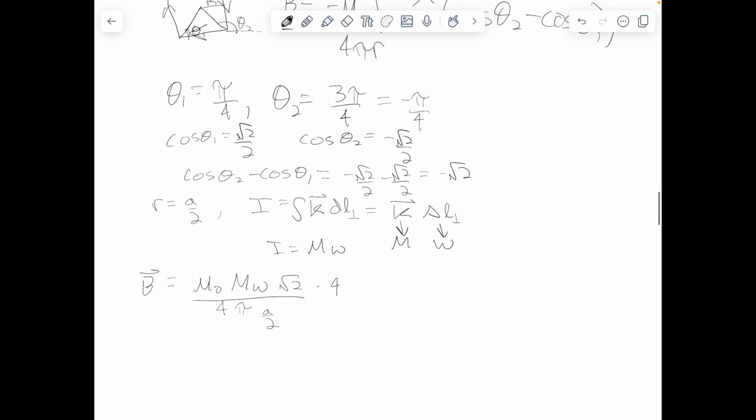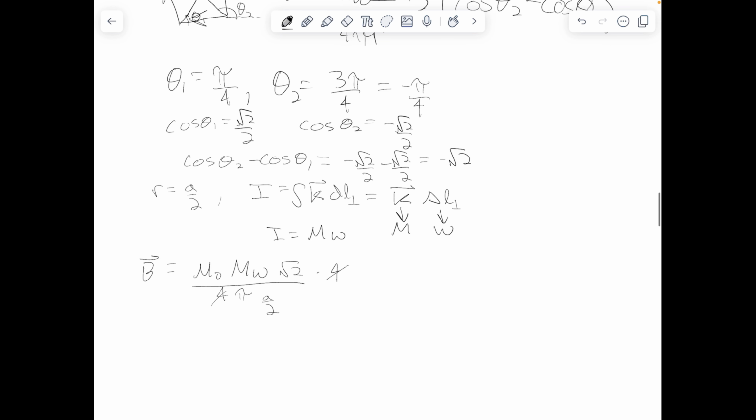So canceling those 4s and moving that 2 to the top, we get that B of the square, and that's in the z hat direction like we found earlier, equals 2 root 2 mu naught M w over pi a in the z hat direction.